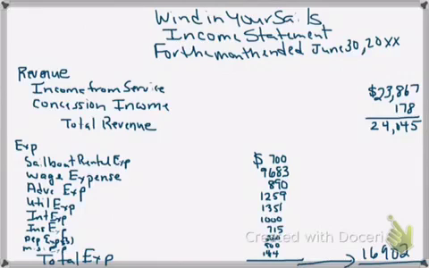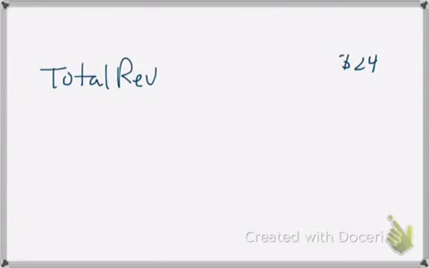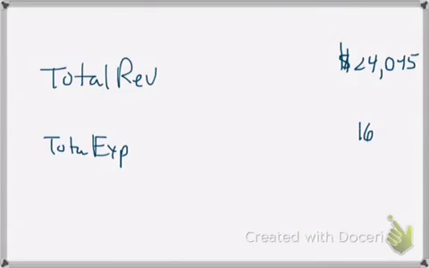So I'm going to go to the next slide, and I'm going to break it up to where I have the total revenue figured at $24,045, and then the total expenses would have been $16,902.